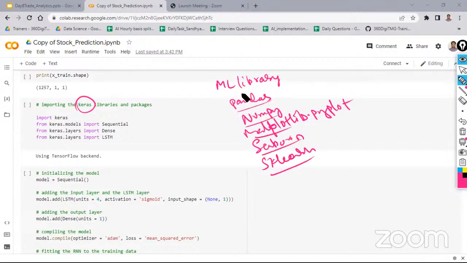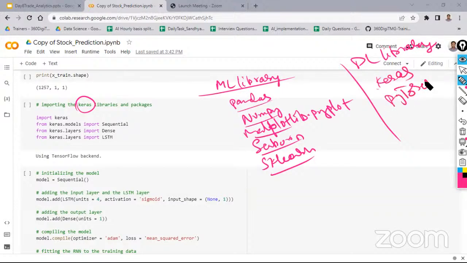So like this, you have ML libraries. When it comes to deep learning libraries, you have Keras, PyTorch, TensorFlow. So like this, you have many other deep learning libraries.